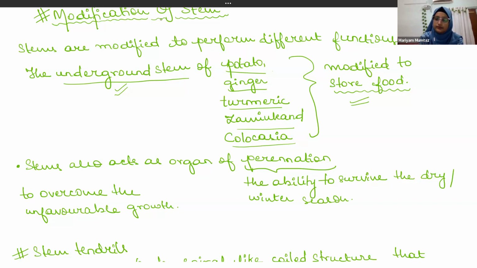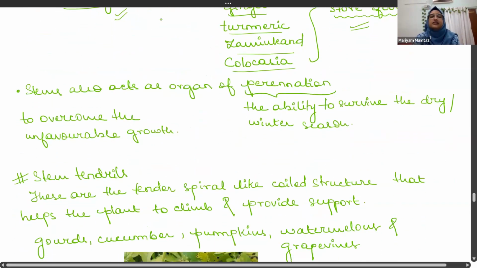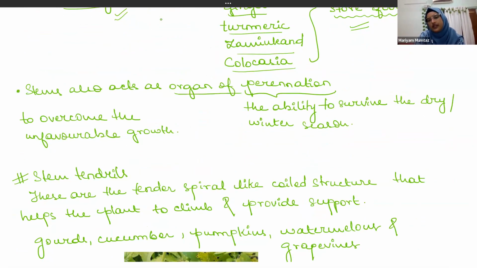Clear? Now see, the stems, apart from storing food, are also sometimes modified to act as organs of perennation. Perennation is a word that tells us about the ability of a plant to survive the winter season or the harsh season.